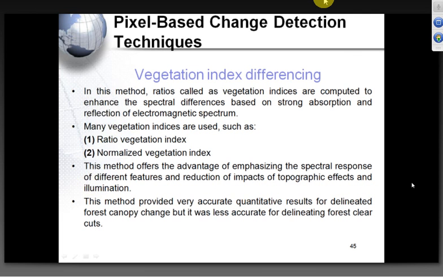The advantage of vegetation index differencing is emphasizing the spectral response of different features and reduction of impacts of topographic effects and illumination. This method provides very accurate quantitative results for delineating forest canopy change, but it was less accurate for delineating forest clear cuts.